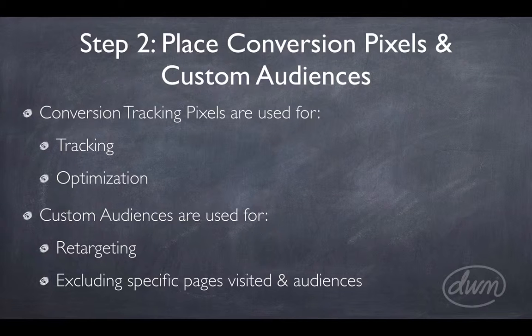And then, of course, when we talk about Facebook retargeting, what you're really doing is just using a custom audience. So let's say I want to target somebody that has been to my website. Then I just select that custom audience in the targeting, which I will show you in an upcoming video on target audience research.